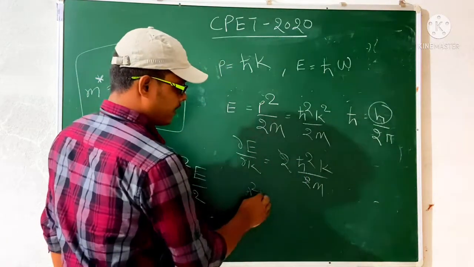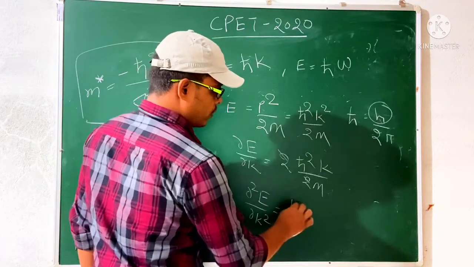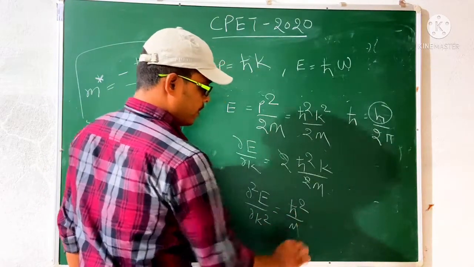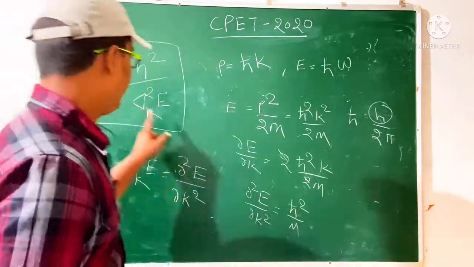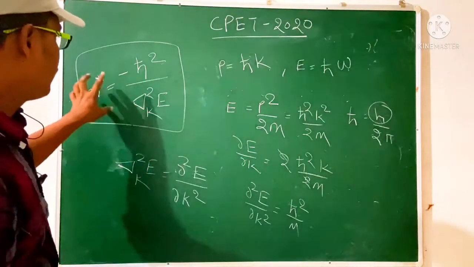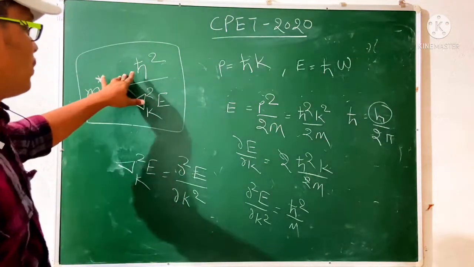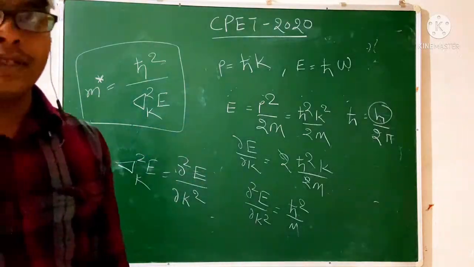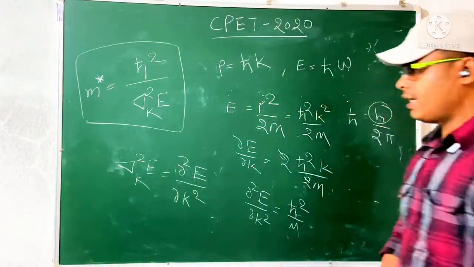Then you take the second derivative, that will give you h cut square by m. So what is your m? M is nothing but h cut square by del square E by del k square, right? So this is the effective mass. The minus sign will remove that, so h cut square by del square E by del k square.